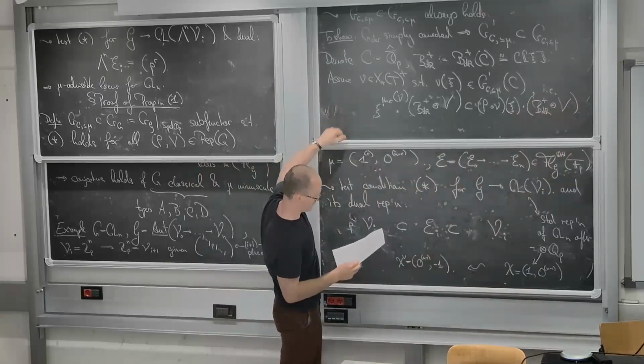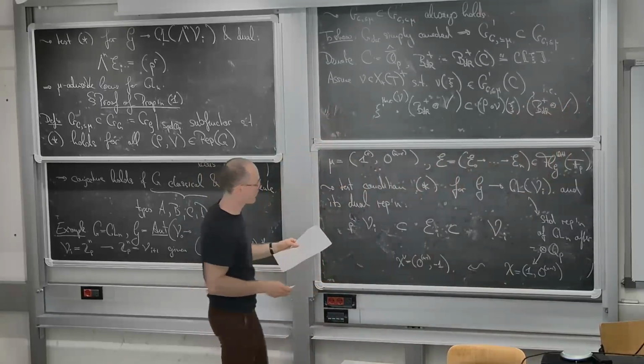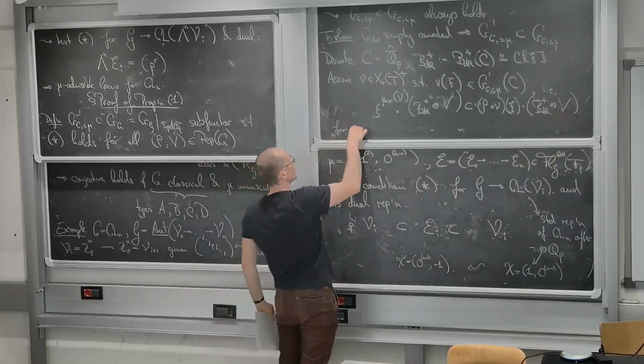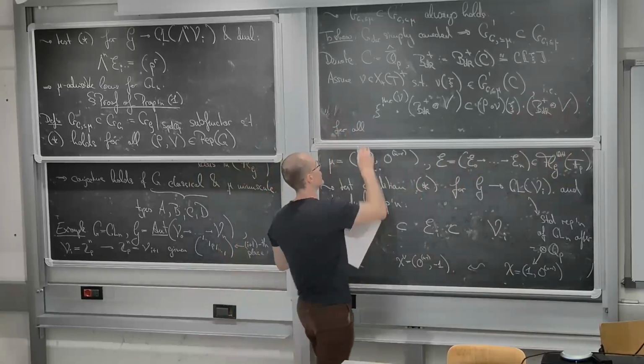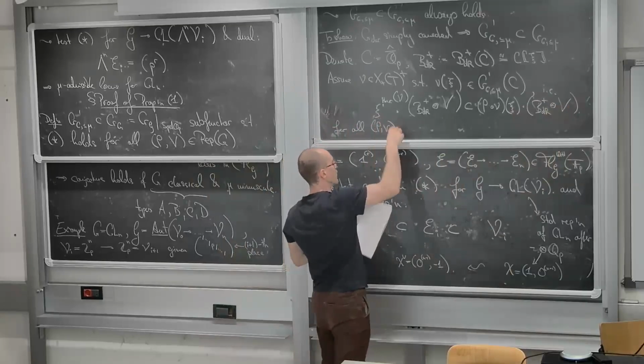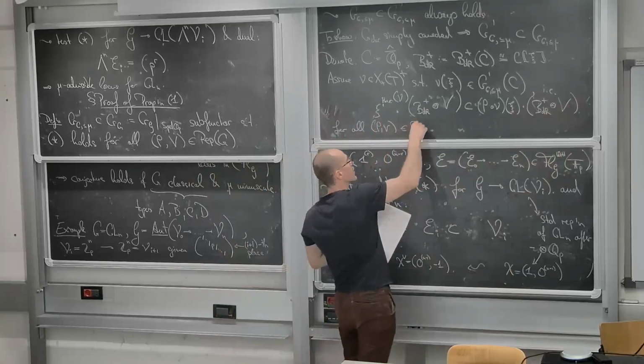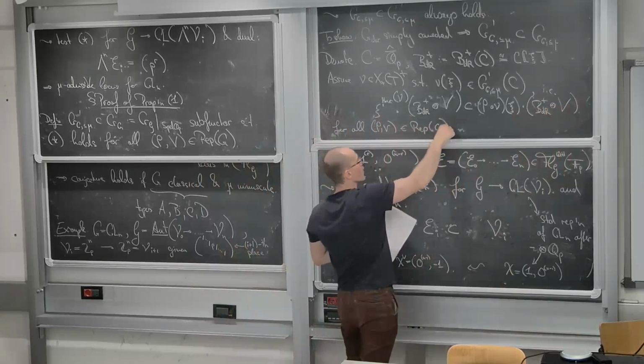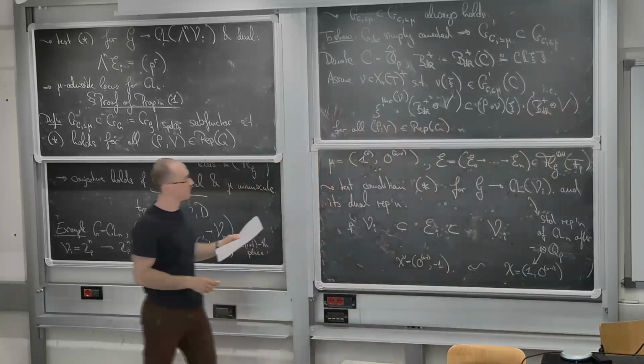And this is supposed to hold for all pairs rho, V, as set here.